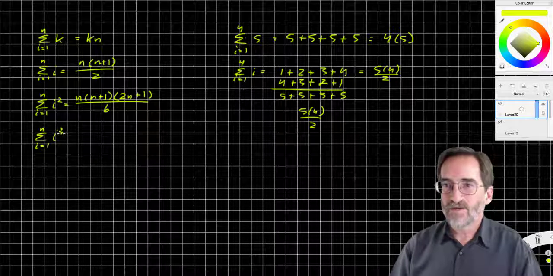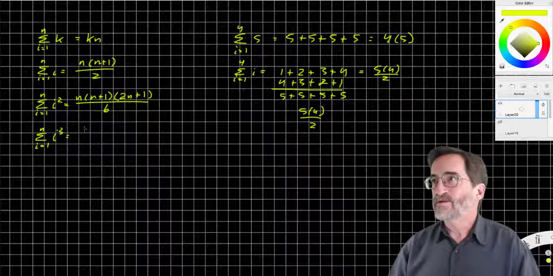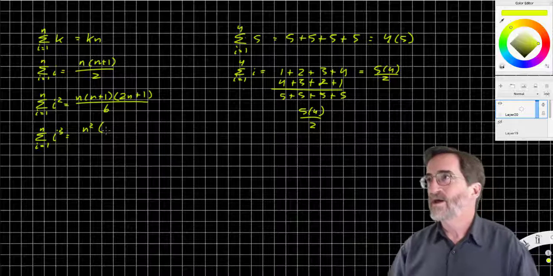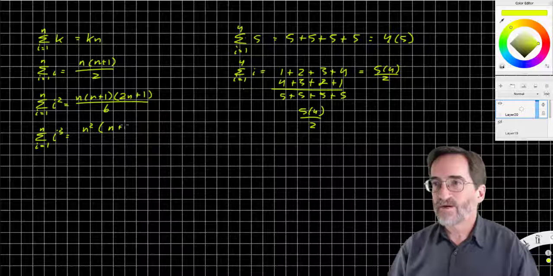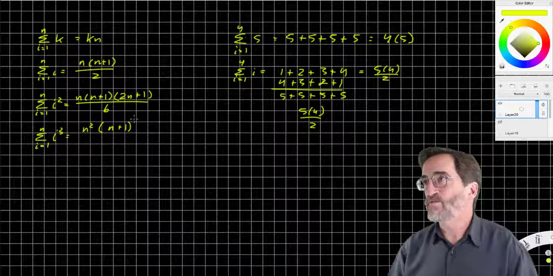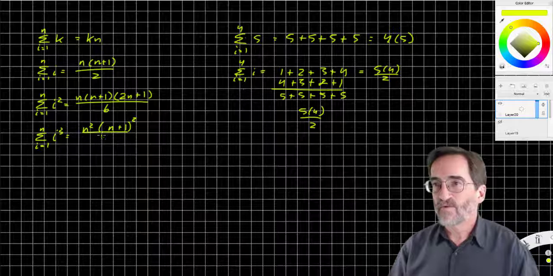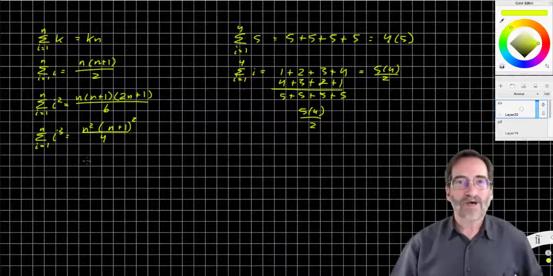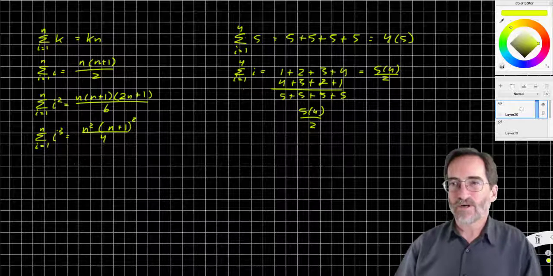The sum of i cubed is n squared times n plus 1 squared, divided by 4, and the derivation of these formulas is much more involved. Okay, and we can use this to evaluate series, evaluate partial sums.